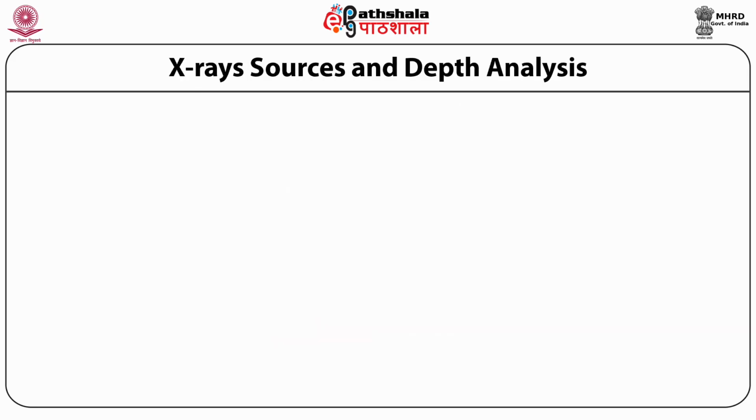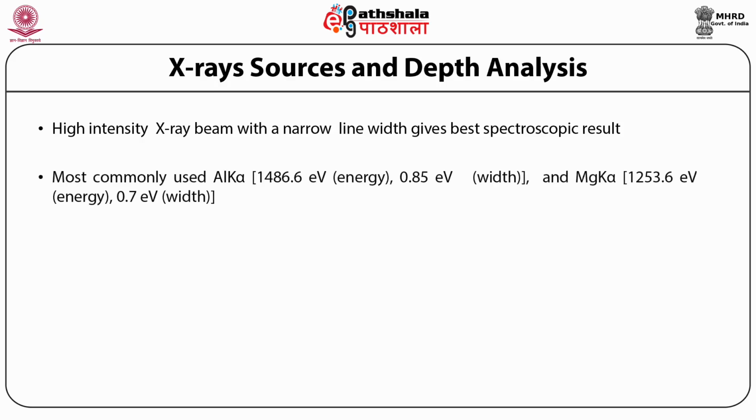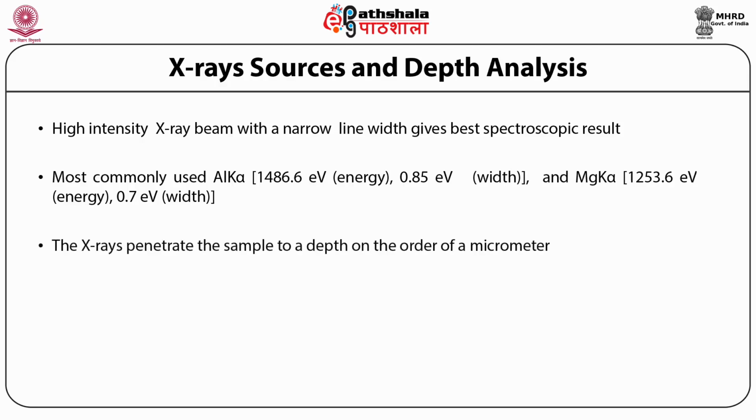In XPS, a high intensity X-ray beam with a narrow line width gives the best spectroscopic result. The most commonly used X-ray sources are aluminum K-alpha and magnesium K-alpha. Both have a line width of less than 1 electron volt. X-rays can penetrate the sample to a depth on the order of a micrometer.